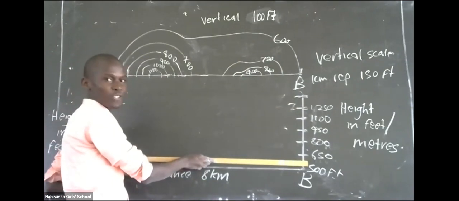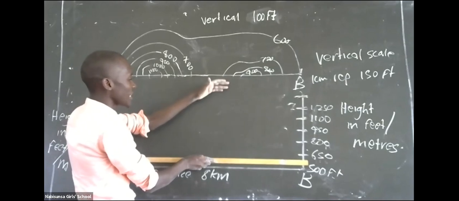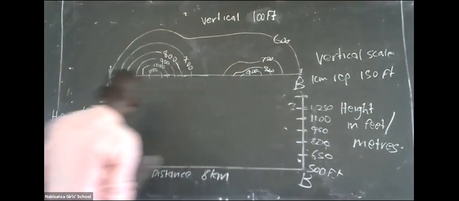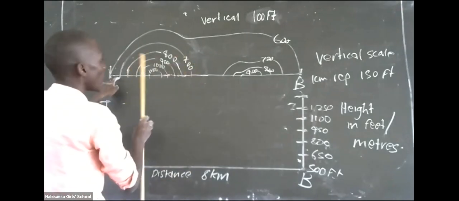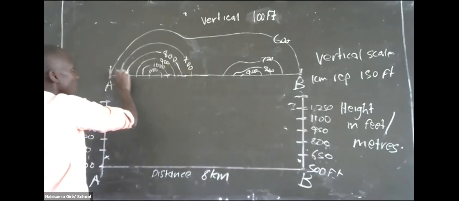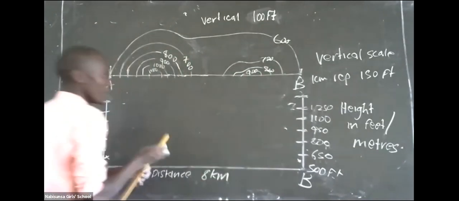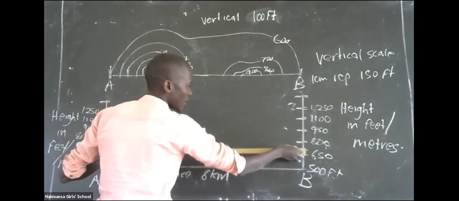I plot and I know all of them are on this height. For plotting, it's too easy. You will be estimating and know that this number is between here and here. Am I clear? So even here I put a star, and even here I put a star. Then I go to the next number. The next number is what? It is 700. So 700, we have 1, 2, 3, 4. I look at where 700 is. 700 is somewhere here.